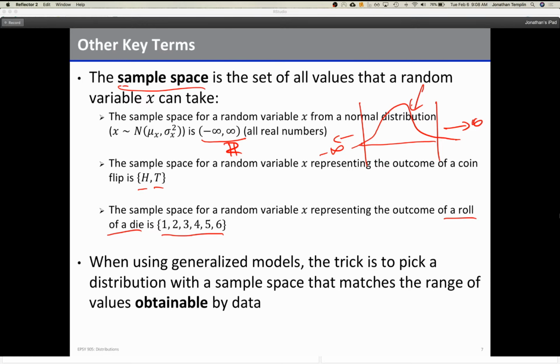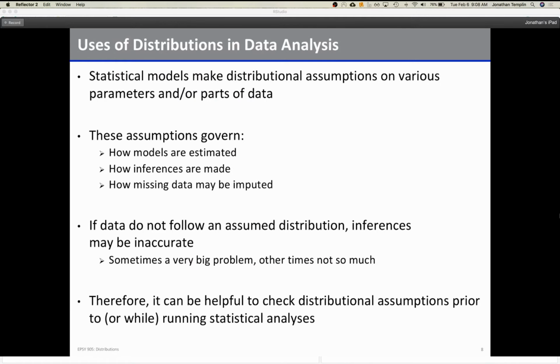What do I do? The first step is to think about what's the shape of the distribution? What is the sample space of the distribution? And where are the most likely values to be? That helps govern the choice of a distribution family to use in a type of model that we'll talk about in the generalized linear models section of this course.